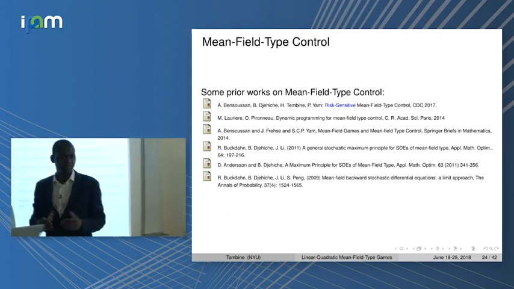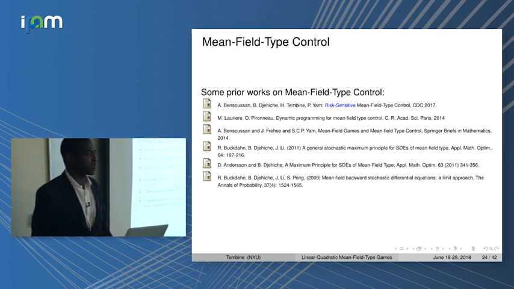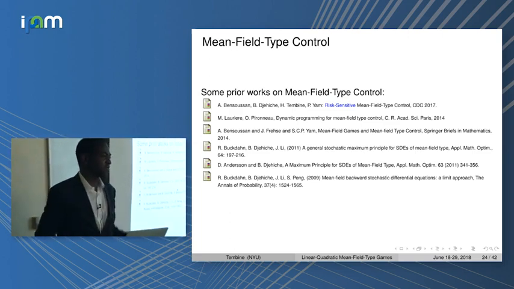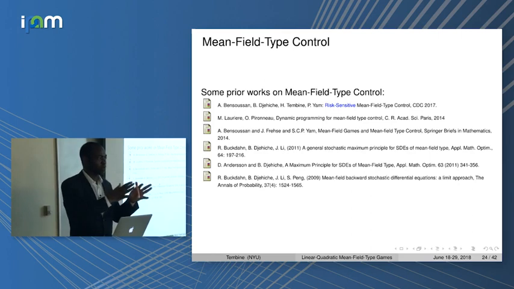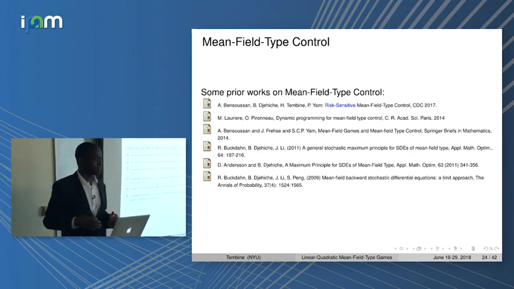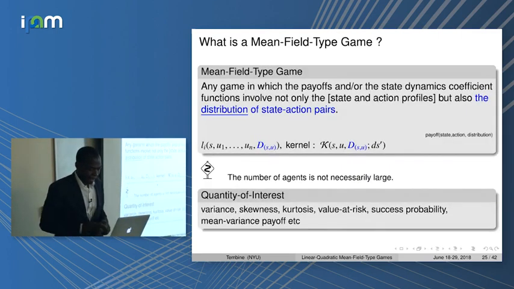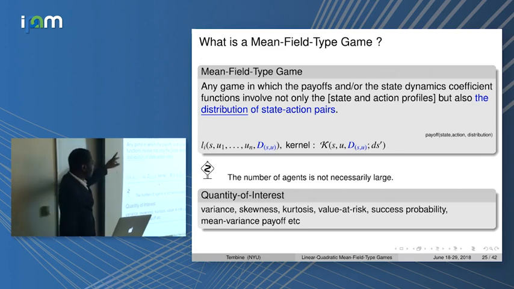Now mean-field type games take the mean-field type control problem, but with multiple agents, as in classical games. Could be finite or infinite. So a mean-field type control problem, but with more controllers. So we have seen the definition of mean-field type game.